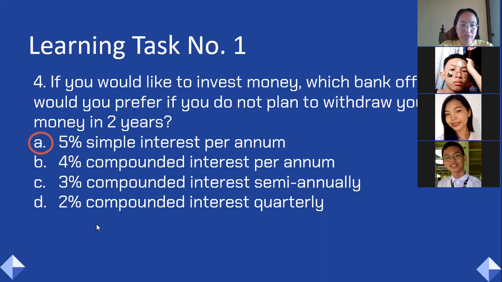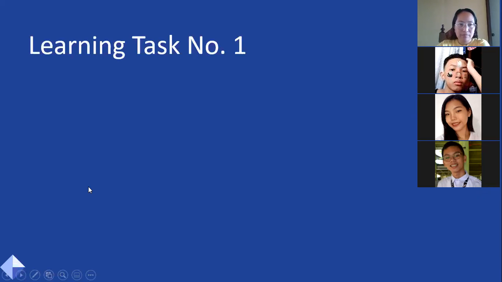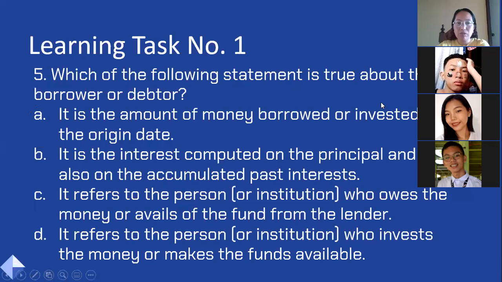Okay, then let's have the last question. Which of the following statements is true about the borrower or the debtor? In the case of those who borrow, which would you prefer? As I told you earlier, you should always go for the simple interest computation.